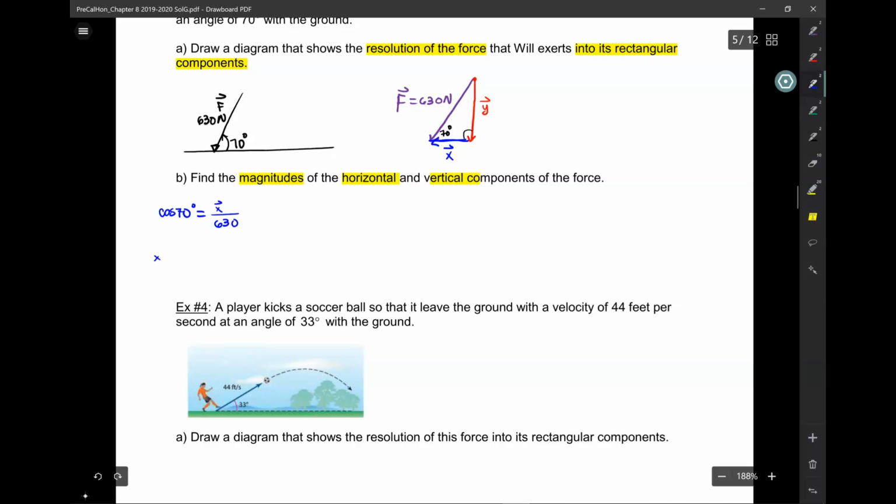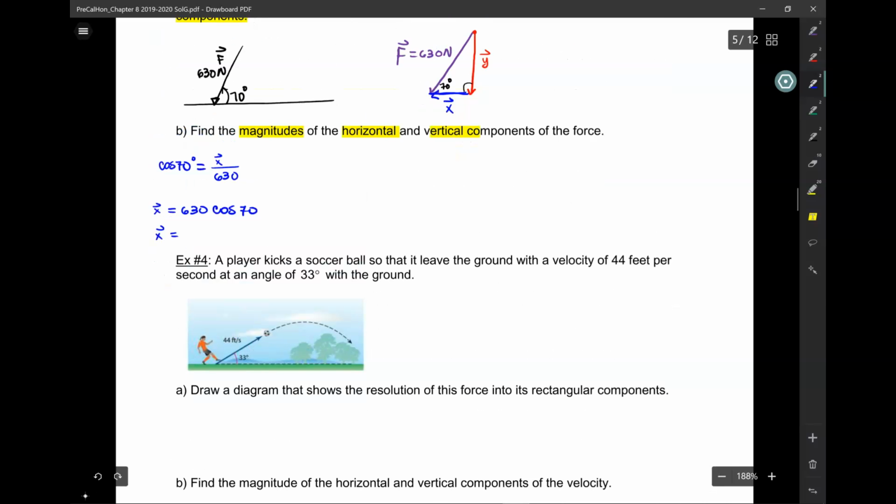So the x component is equal to 630 cosine of 70. And how much is that? 215.5 newtons.